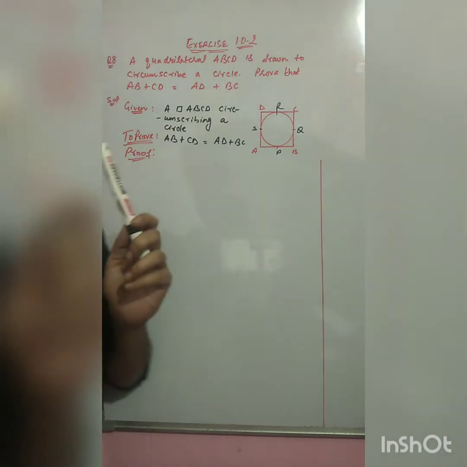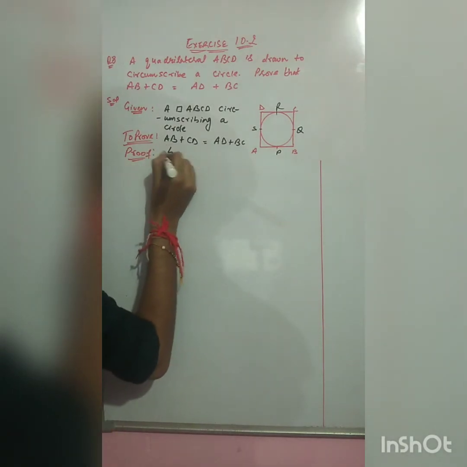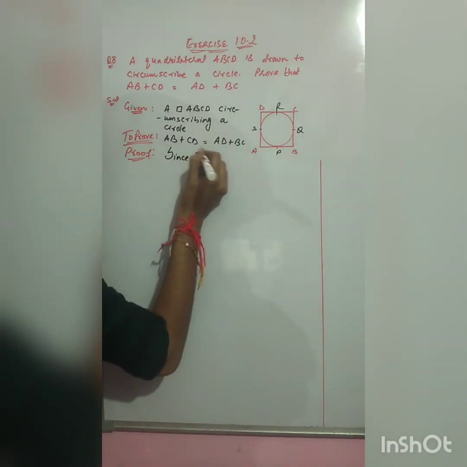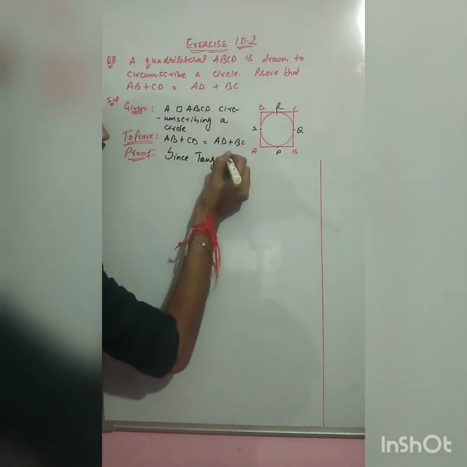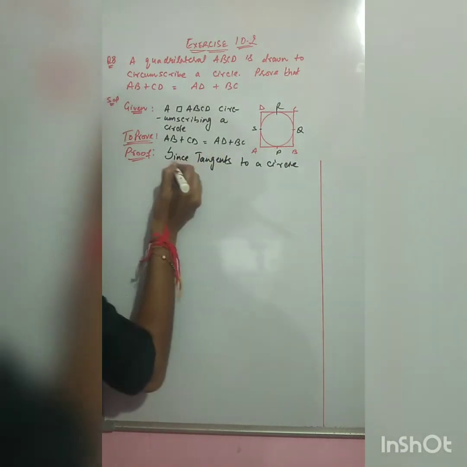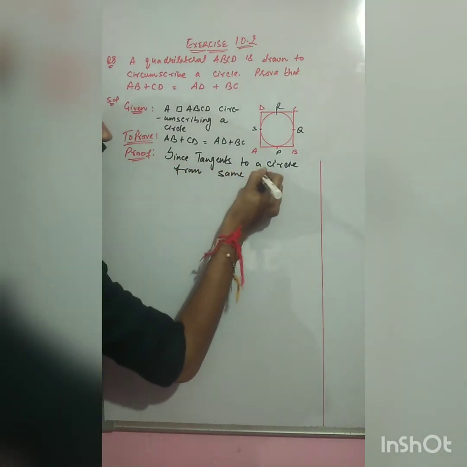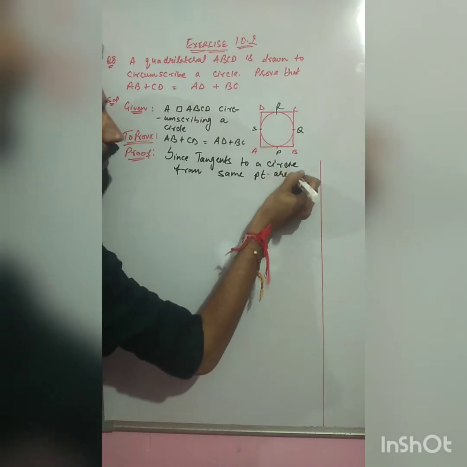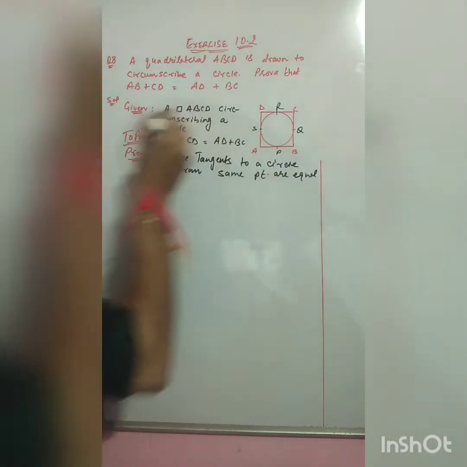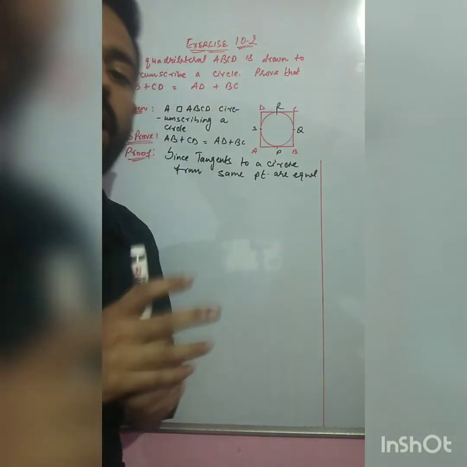As in theorem 10.2 we have studied, tangents to a circle from the same external point are equal in length.